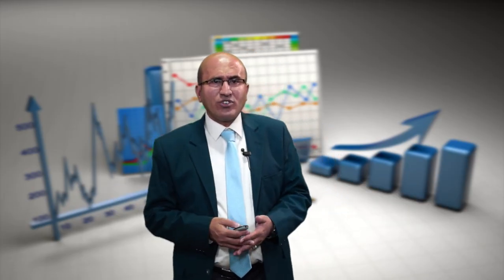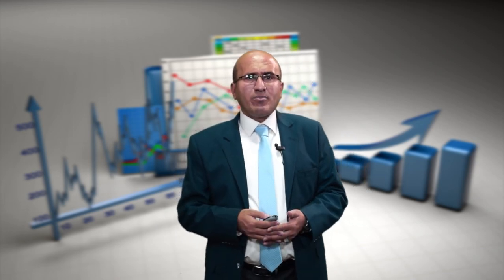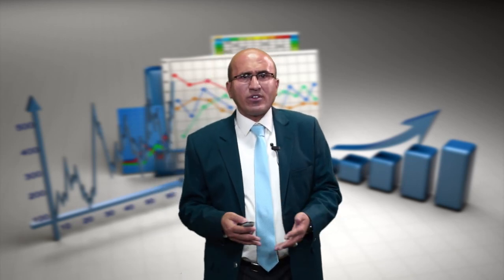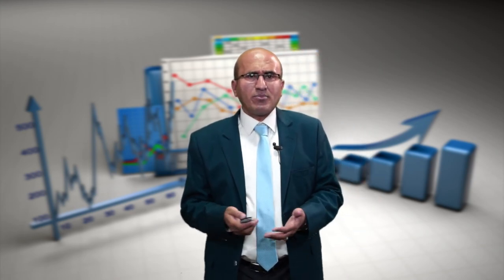We have come to the end of the session, which was about population and sampling. We discussed the basic concept of sampling and samples, the stages in selecting a sample, and determining sample size.